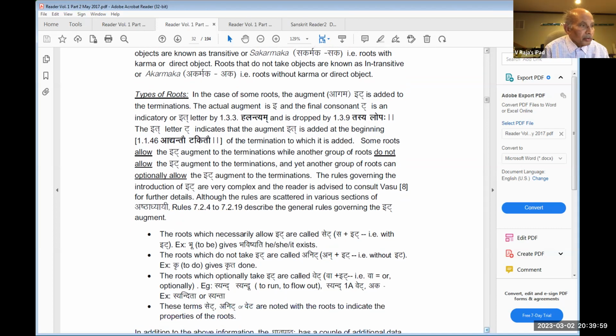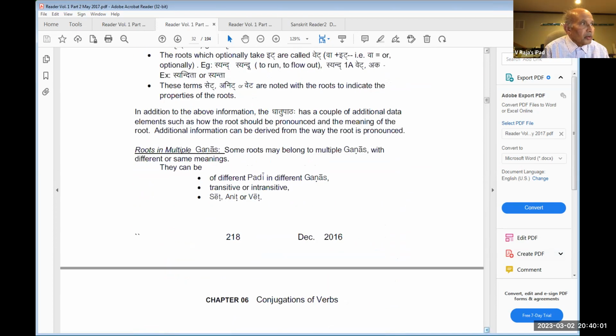Then some roots can come in multiple ganas. I'm going to show you some of them.